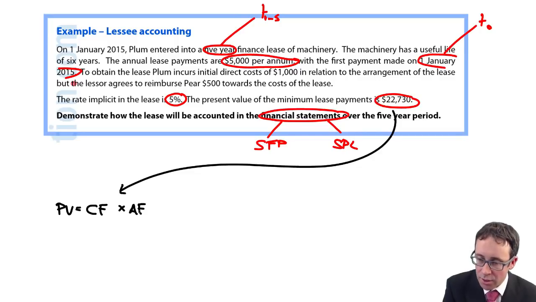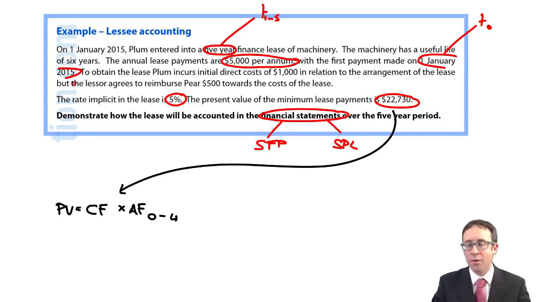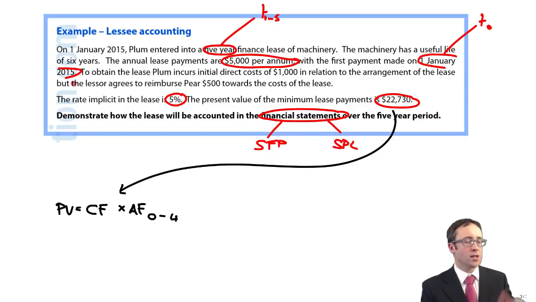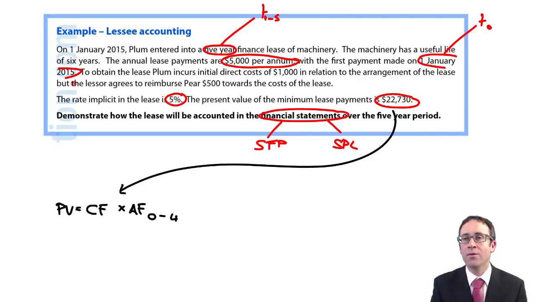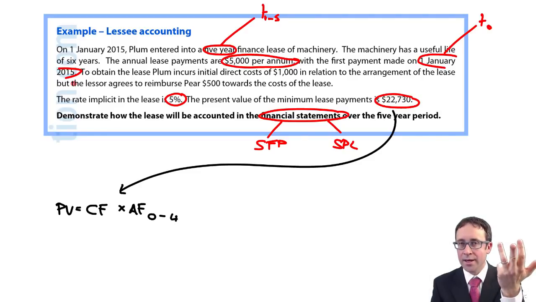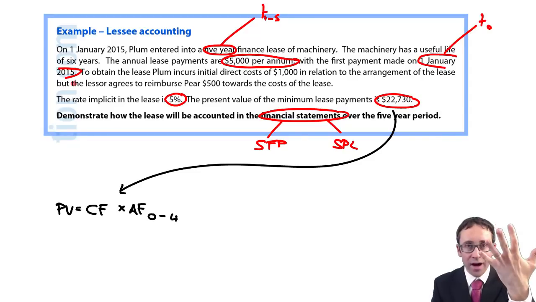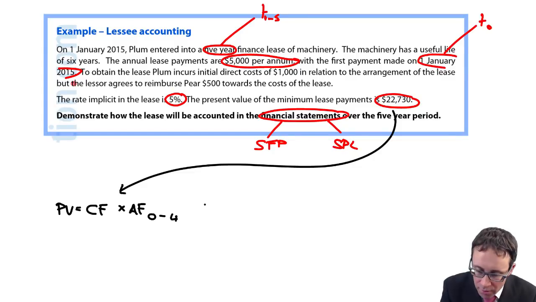The key bit here is the annuity factor is from 0 to 4, isn't it? I know it's a 5-year lease, so years 1, 2, 3, 4, and 5. But there are 5 payments in a 5-year lease. The first payment is today at T0, and then T1, 2, 3, 4. Okay, with T0, that makes the 5 payments. So what we've got here is that the cash flow is 5,000.